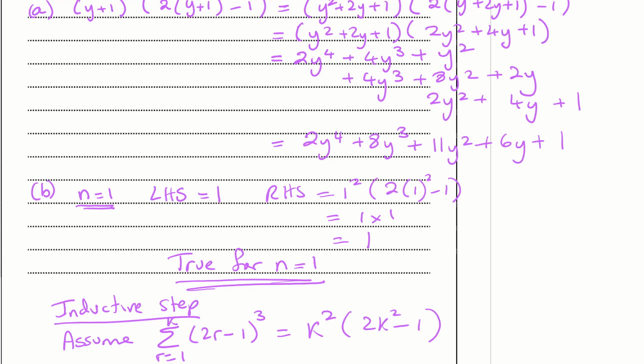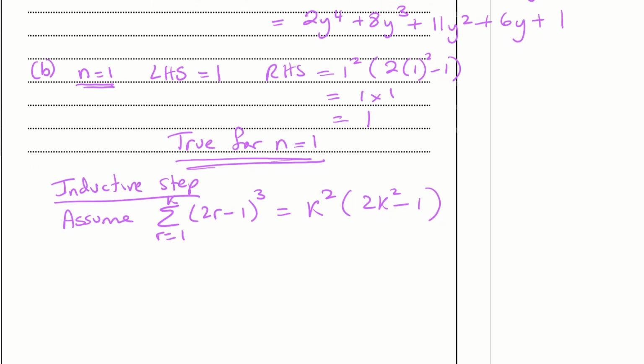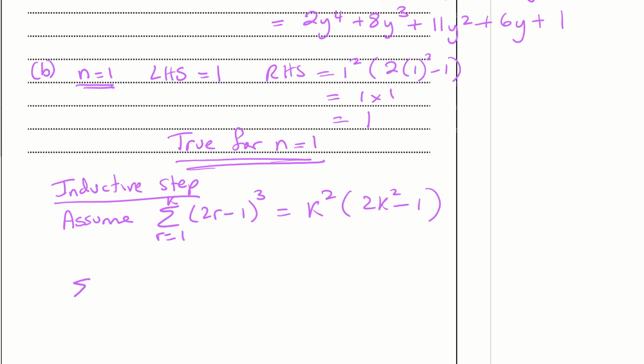We're then going to look at the next case, which is the sum from r equals 1 to k plus 1 of (2r minus 1) cubed. So, what do we get there?